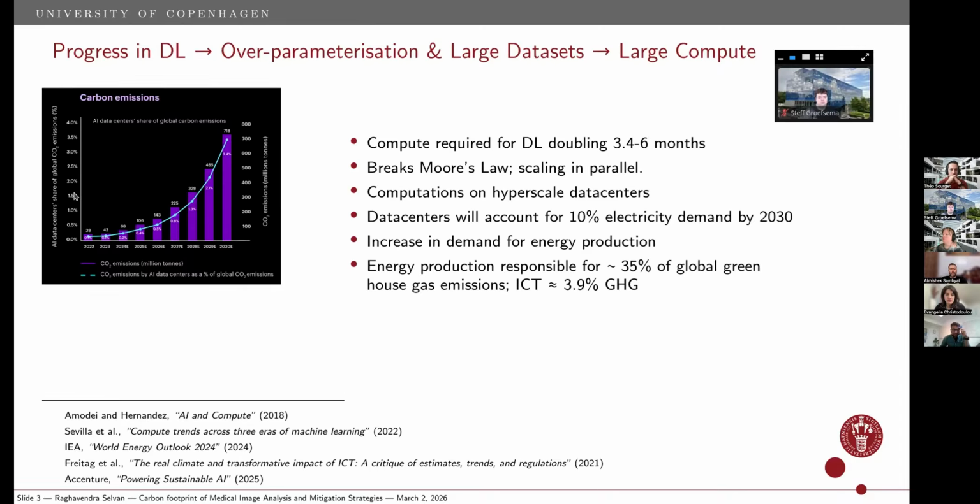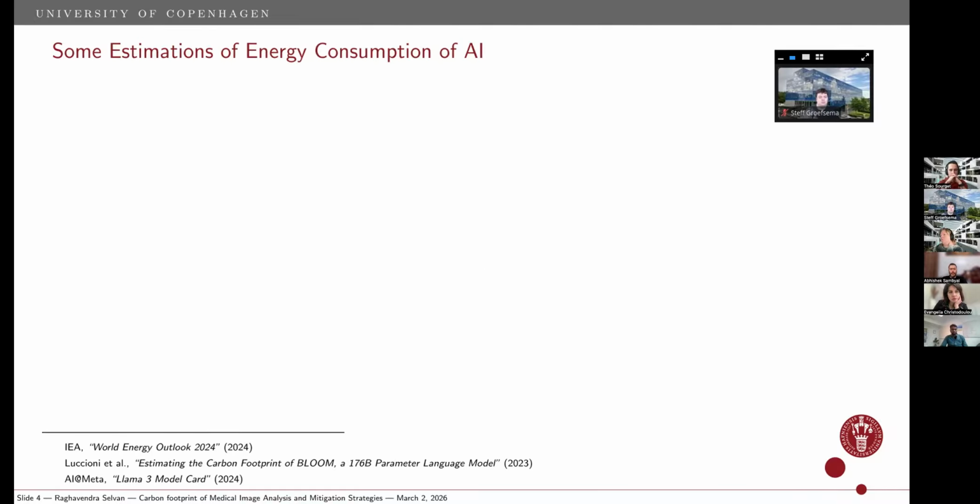And if you look at this axis, this is showing the AI data center global CO2 emissions. By 2030, this is estimated to be about 3.5%. Currently, aviation as a sector has about 2.5%, just to put things into perspective. And again, these are all estimations. There are no specific numbers for the whole sector.